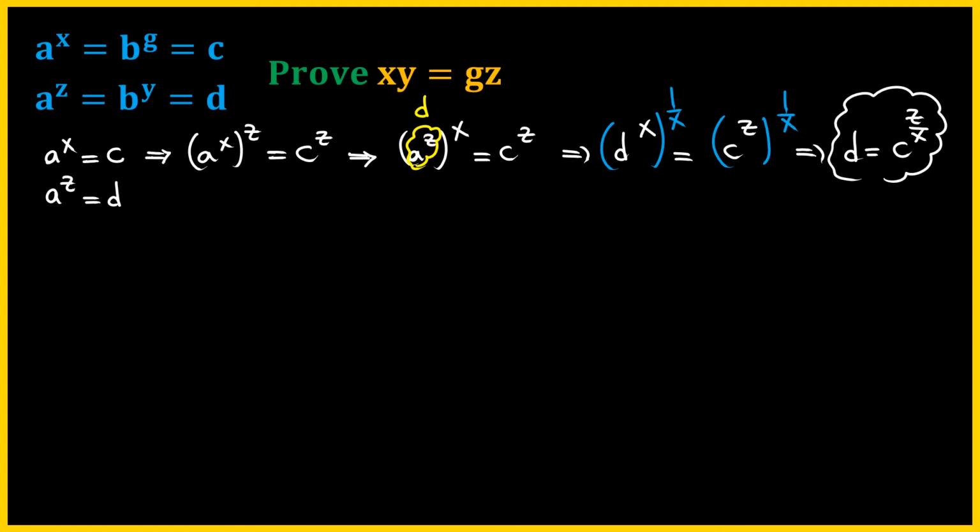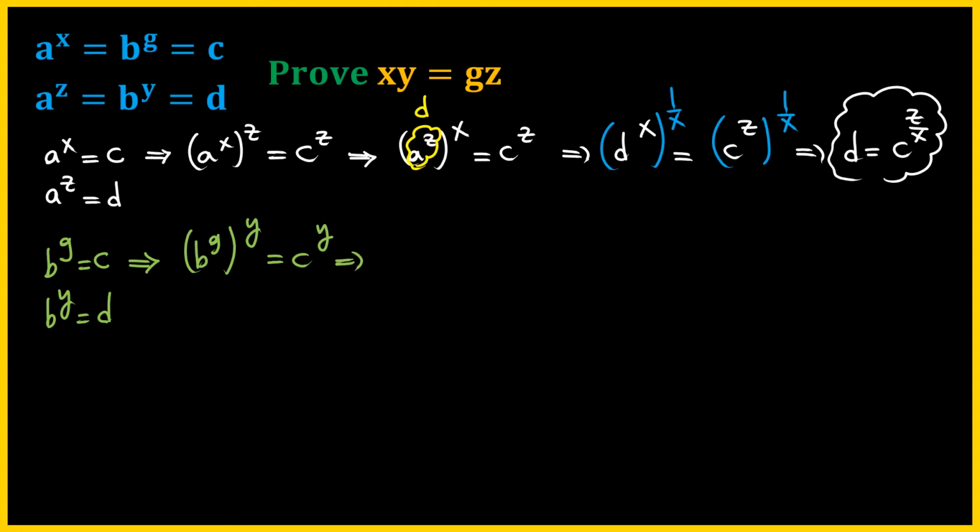Now the next thing we know is that b to the g equals c and b to the y equals d. So again, I'm going to use these two to find a relation between c and d. To do that, I'm going to raise both sides of the first one to y, so I get b to the g raised to y equals c to the power of y.